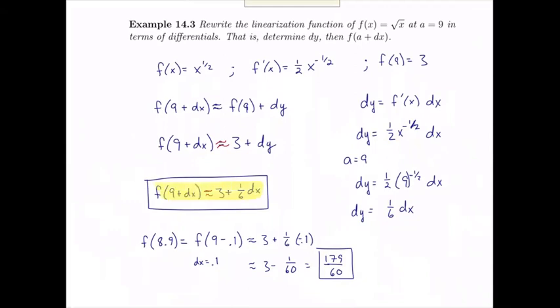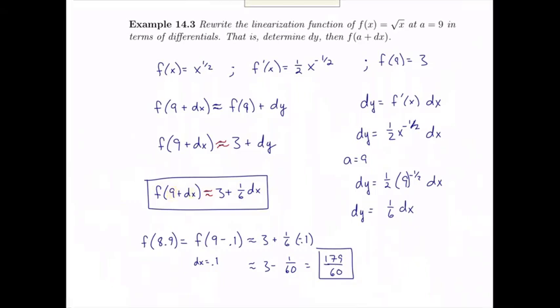So we have our differential expression for this function. F of 9 plus dx is approximately 3 plus dy. Well, dy was 1/6 dx. Now, anything we want to find the square root of or approximate the square root of based on this equation of differentials, we can find the difference between 9 and that number and write that in as dx.